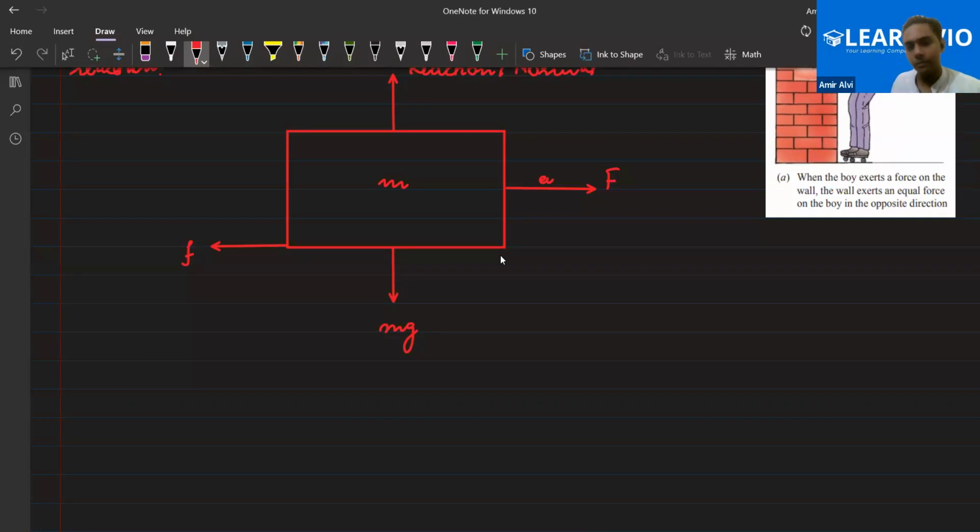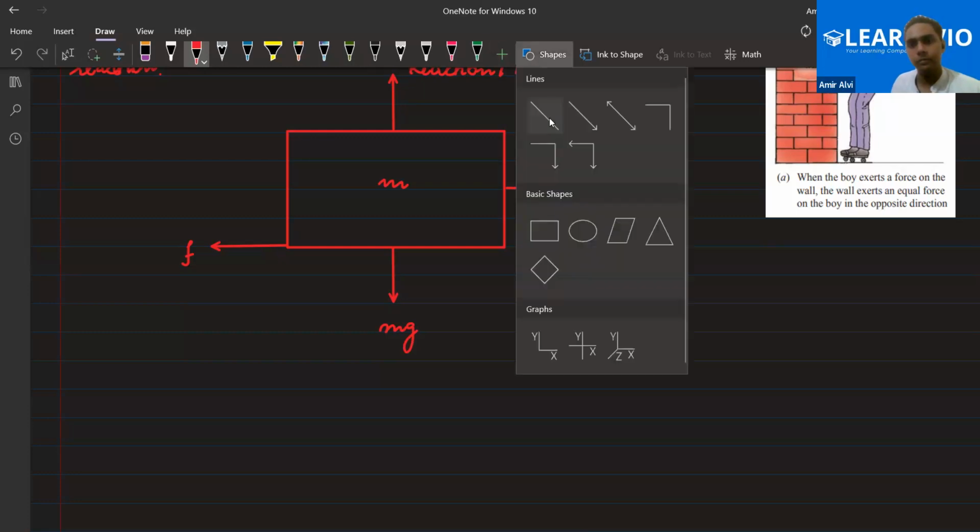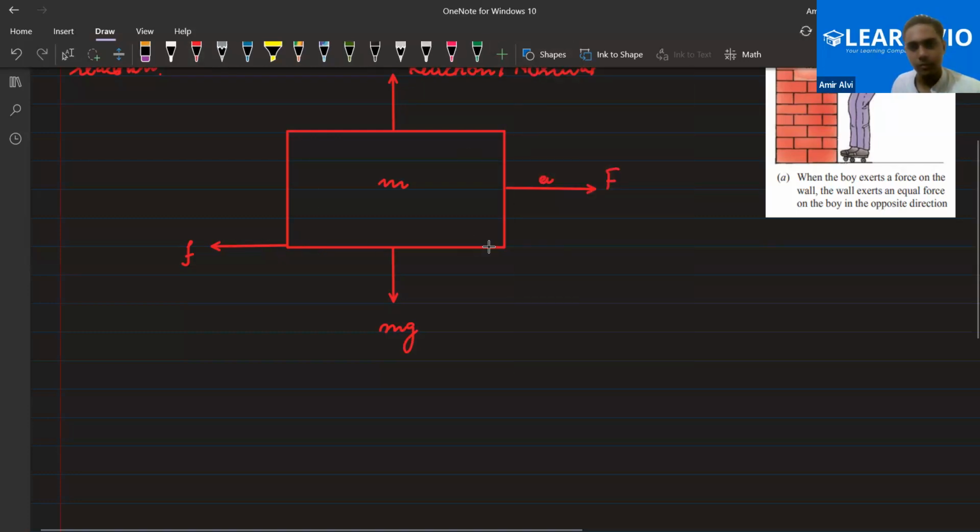This is your ground. Okay, so this is ground. So does anybody have any doubt so far? Please let me know once.